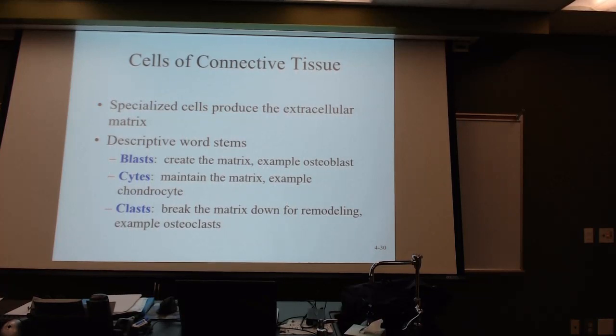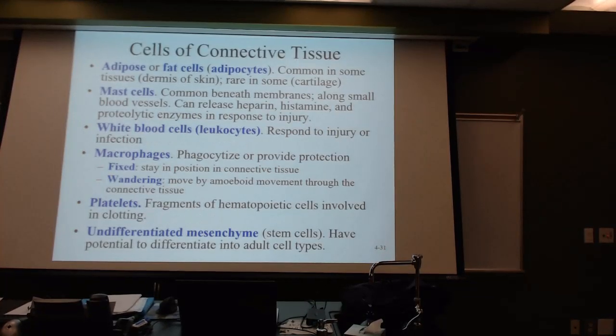Now, as we move through, we're going to see that in the matrix, we can have, now I'm not saying that these are present in every matrix portion of the body, but these can be present. They can have adipose, or what we know as fat cells.